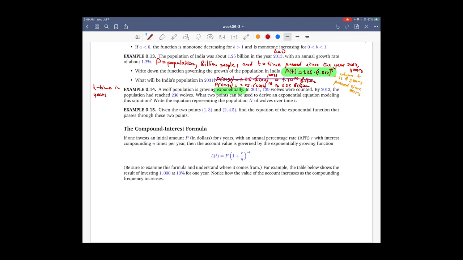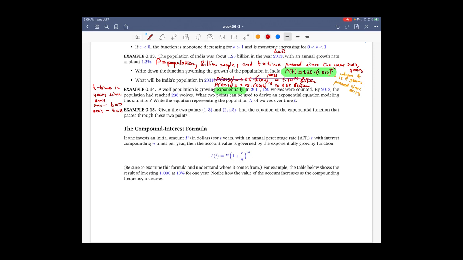It will be convenient. So in particular, 2011, that is t equals 0. And 2013, that is t equals 2, 2 years after 2011.